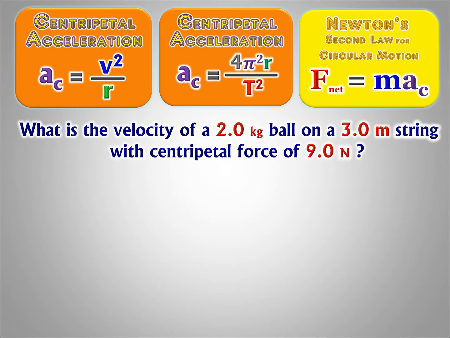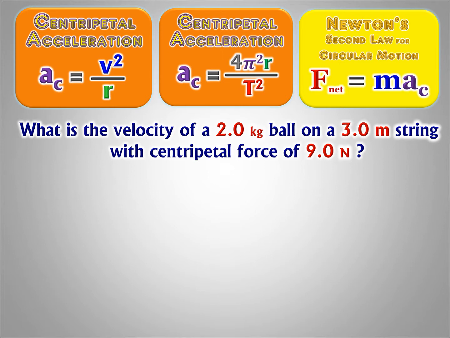So now things are getting a little trickier because we've got more equations that we might need. Now we've got to decide which equation we need for this particular problem. This is now a harder problem. What is the velocity of a 2.0 kilogram ball on a 3.0 meter string with a centripetal force of 9.0 newtons? We've got an equation on the left, an equation in the middle, and an equation on the right.